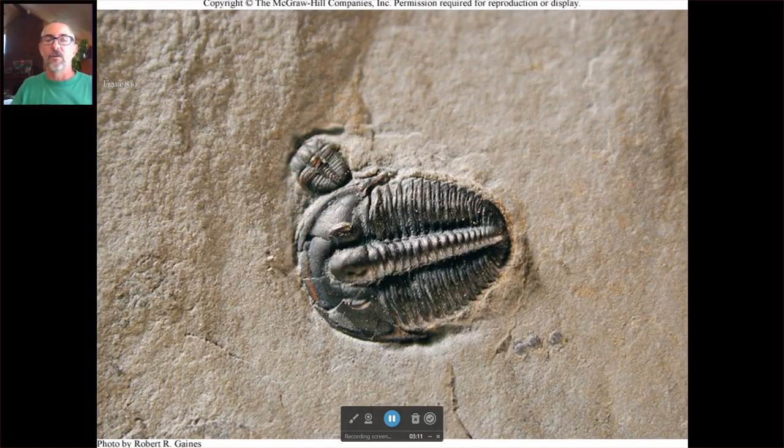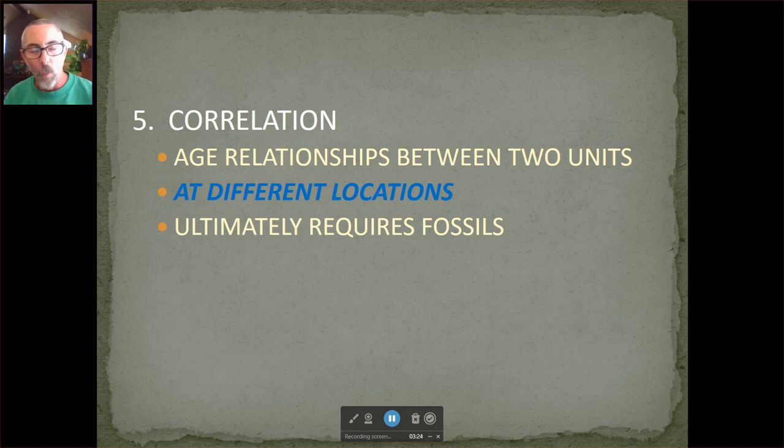So what is a fossil? A fossil is a remain of an organism. It's usually part of an exoskeleton that has either been preserved or has been replaced by another mineral, but it is a remain of an organism. And one thing that we know that organisms do over time is that they adapt to external pressures and evolve.